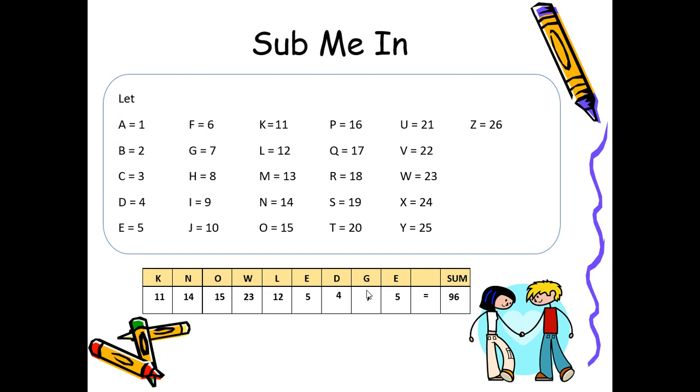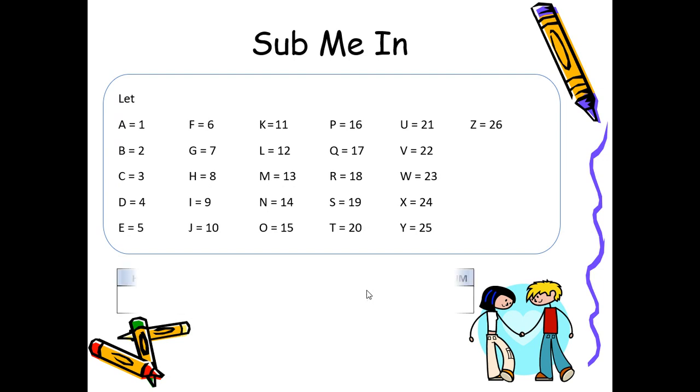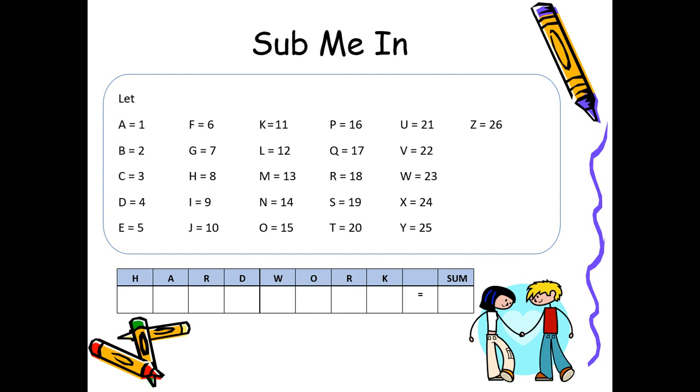So we will do the same thing again. How about for this word? Hard work. How about the word hard work? It's still the same process. You get the corresponding number for each letter, then add them all. Trixie Urbano says it's 98.